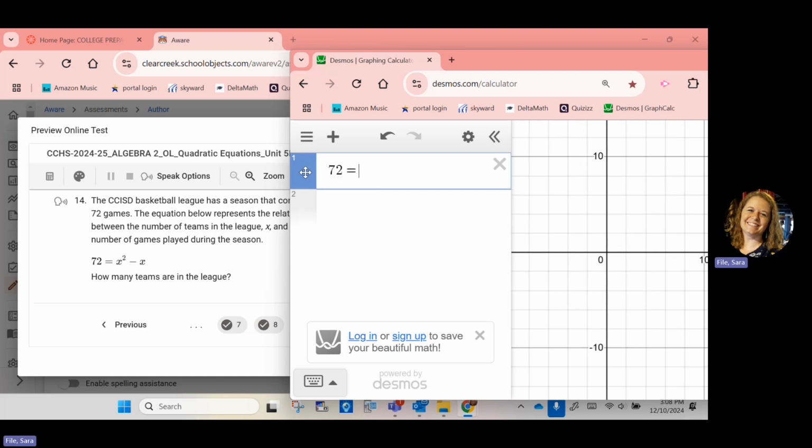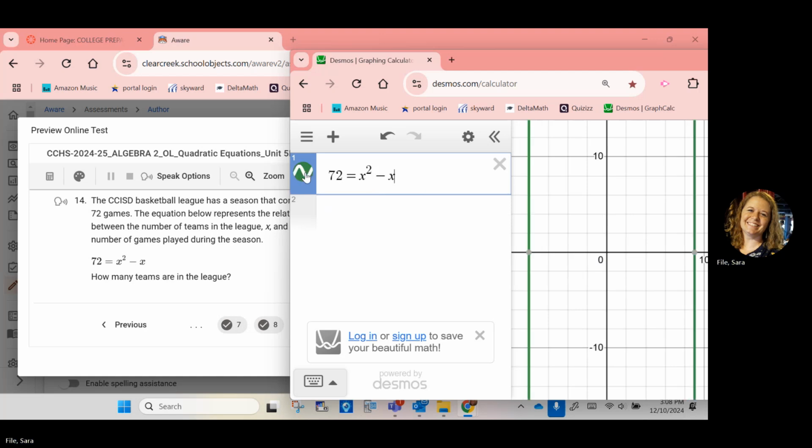I'm going to show you if you type it in just as it's written. That's where you get just the vertical lines at your solutions. Now, does it make sense for there to be a negative number of teams in a league? No, it does not. In the context of the problem, the only answer that makes sense is this positive one at 9.